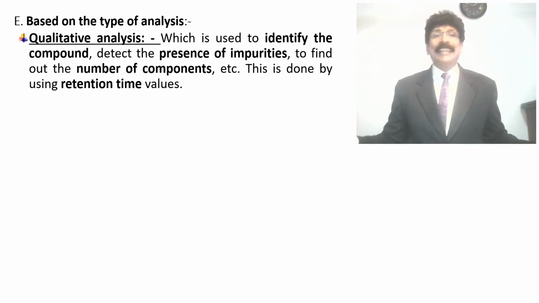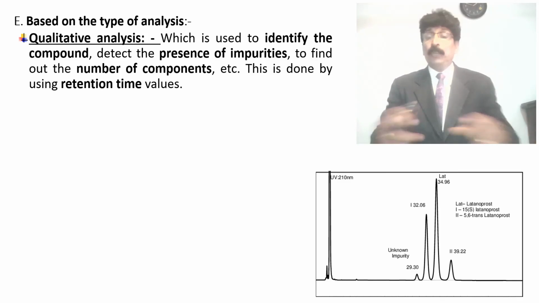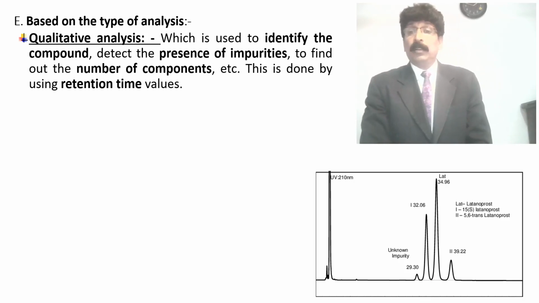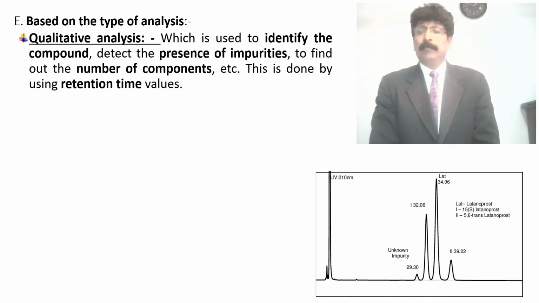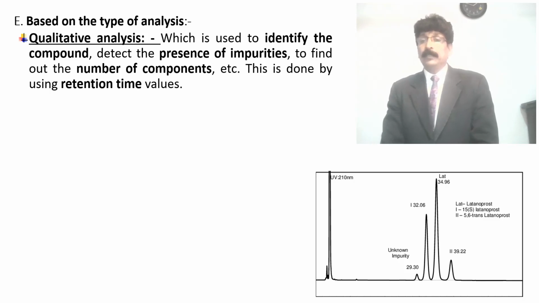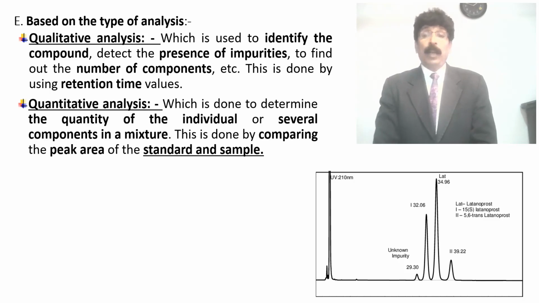This is done by retention time value. We can see that retention time value by means of the peak, using a UV detector at 210 nanometer, and you will get the peak. So by that, qualitative identification of the compound can be made.